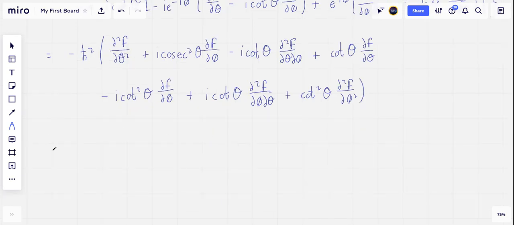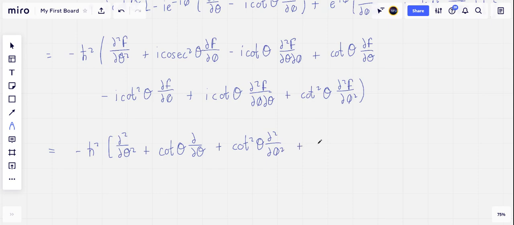And so we can see that we can go one further, and we can write this as minus h bar squared into d2/dθ² plus the cotan of θ d/dθ plus cotan squared of θ d2/dφ² plus i into cosec squared θ minus cotan squared θ times d/dφ, and all of this in brackets is an operator acting on the function f.